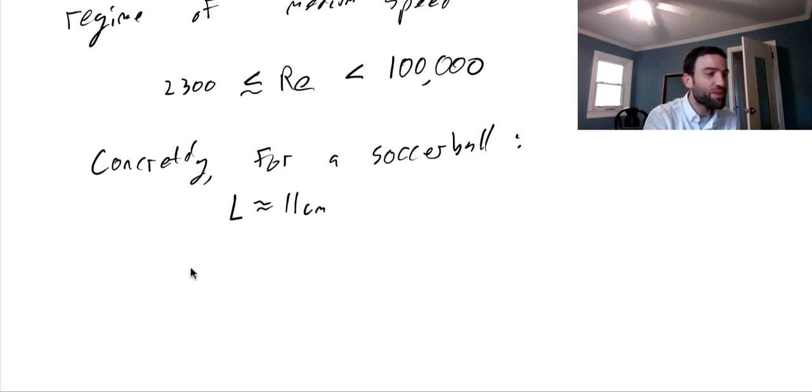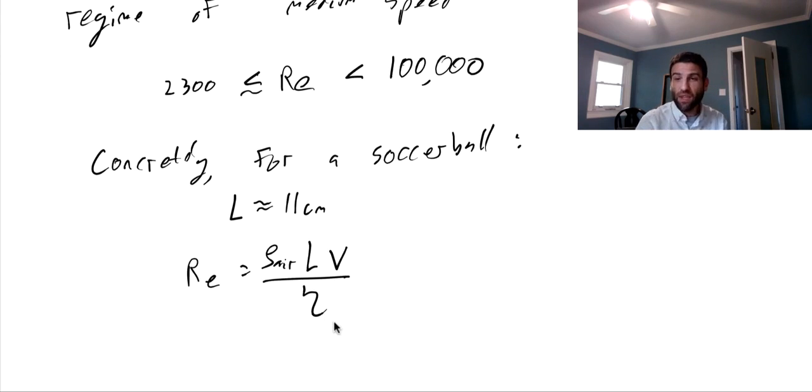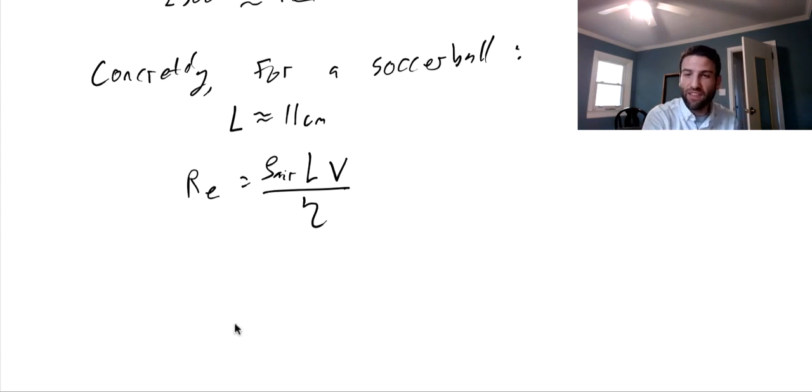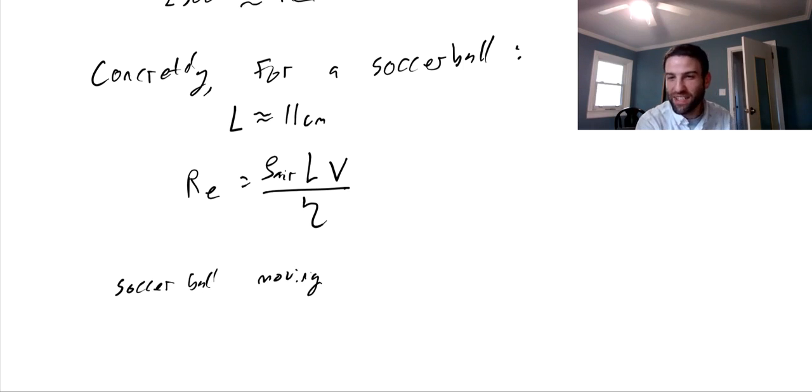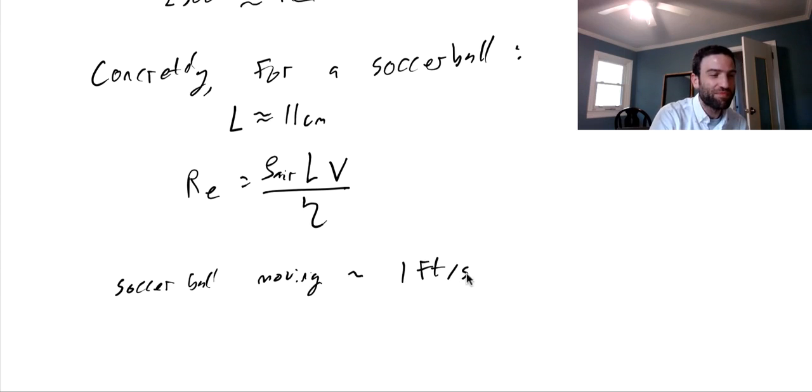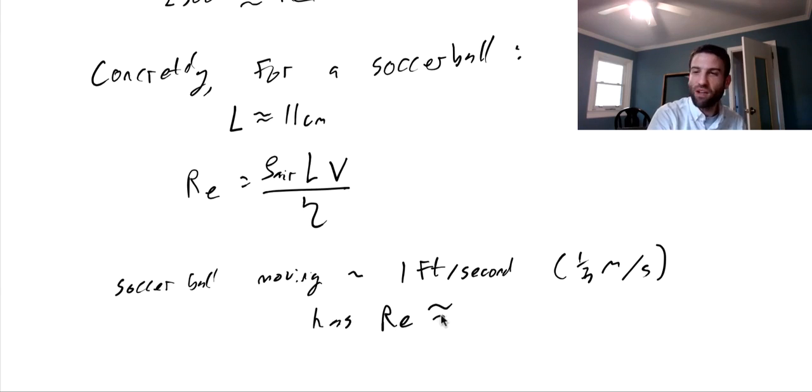And then if we use our formula for the Reynolds number, which is the density of the fluid, in this case the density of air, times this characteristic size of the soccer ball, times some velocity, divided by the viscosity of air. If we plug in numbers for air, for the viscosity and the density, what we find is that a soccer ball moving at about 1 foot per second, about a third of a meter per second, has a Reynolds number of about 2,000.